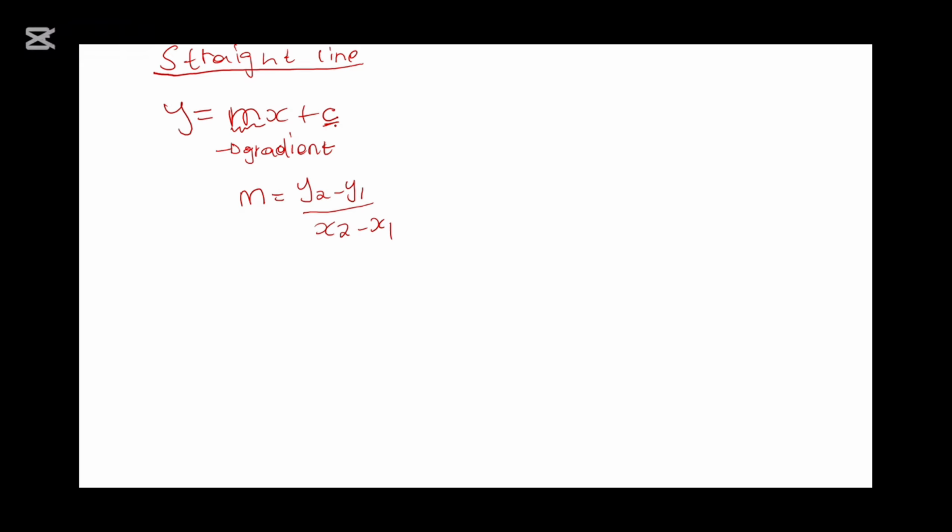There's an important thing you must know about c. Our c is our y-intercept. So once you say y-intercept, you're basically meaning that where x is equal to 0, you're going to have a defined y value.